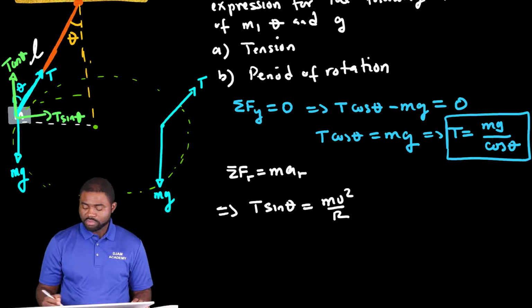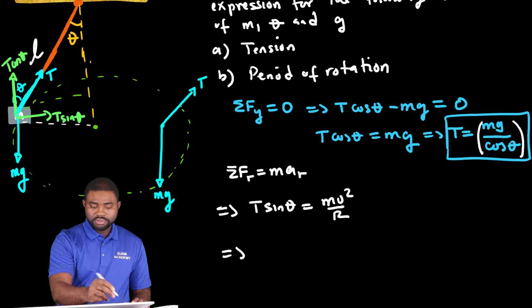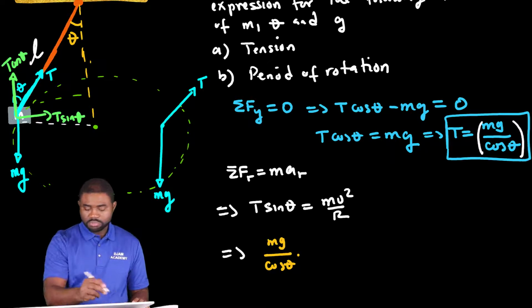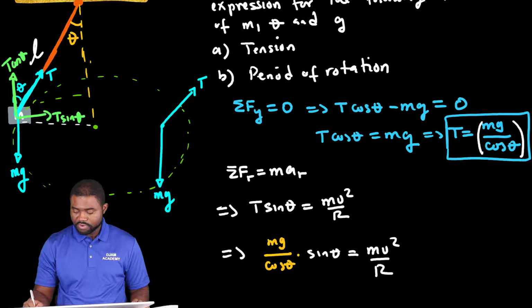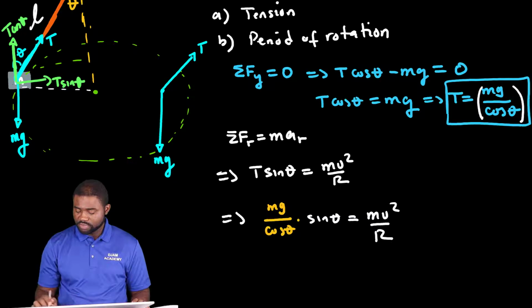But what do we know about T? T is mg divided by cosine theta. So this would mean that mg divided by cosine theta multiplied by sine theta will be equal to mv squared over r.